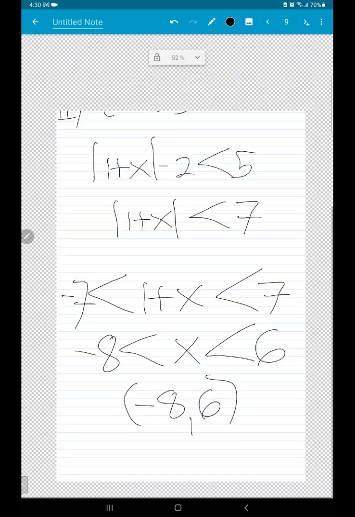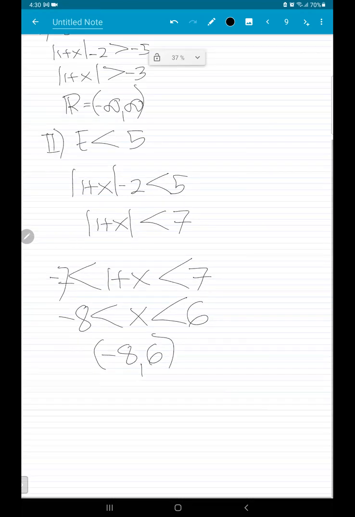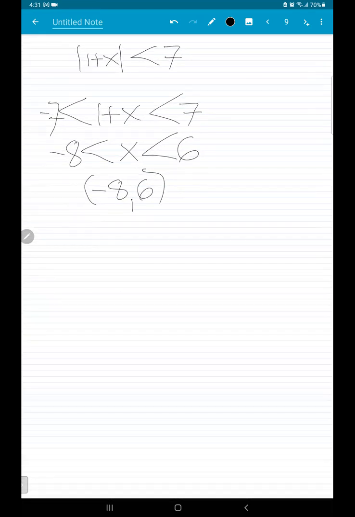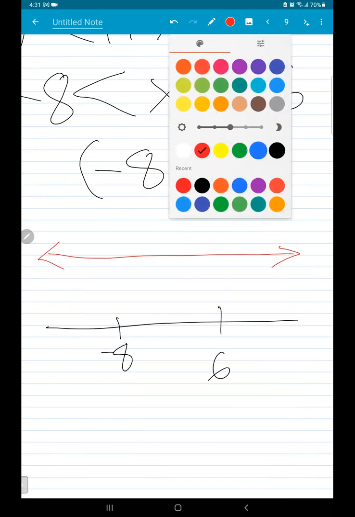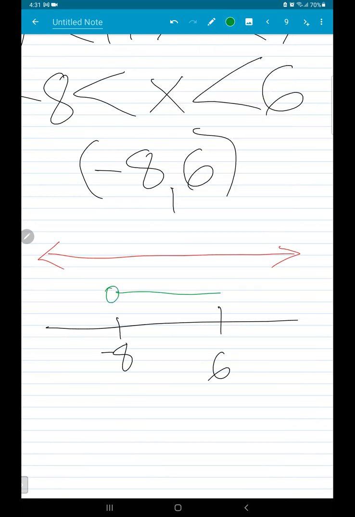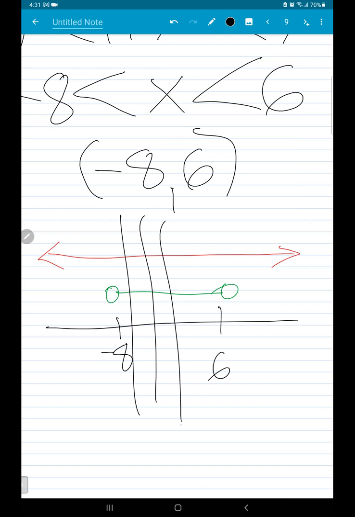However, there are two cases, so you have to get the intersection. Since the first one is all real numbers, if you look at the real line here, -8, 6, the first one is all real numbers. The second one is the open interval from -8 to 6. And if you take the intersection, it will still be -8 to 6.